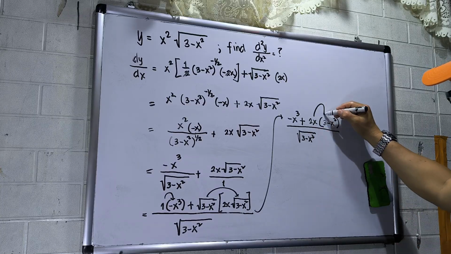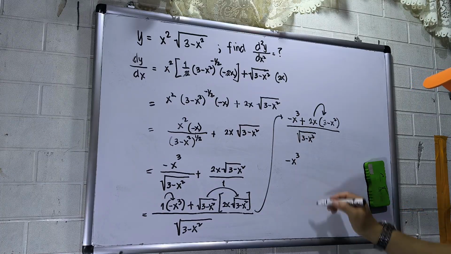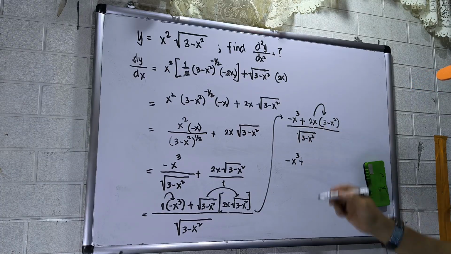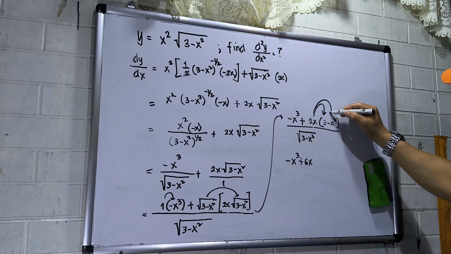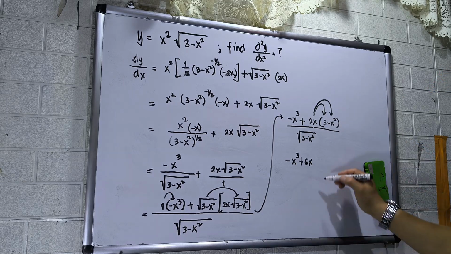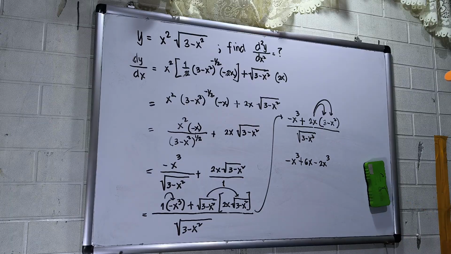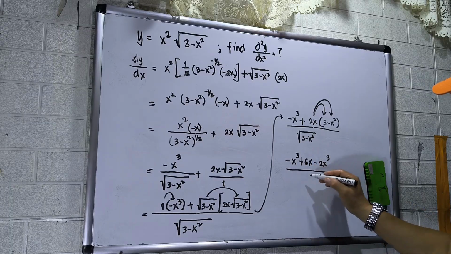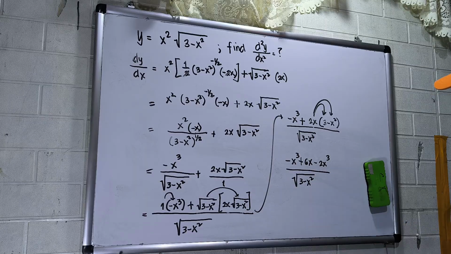And then multiply. So I have now negative x cubed plus 6x. Then this one, negative 2x cubed. Then this will be over square root of 3 minus x squared.